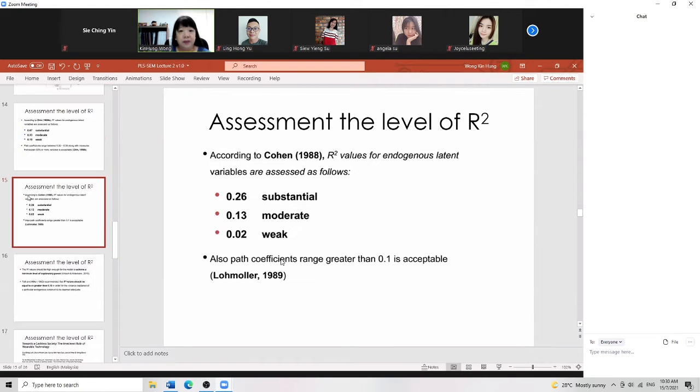All right. So according to Cohen, R square value for endogenous latent variable is assessed as follows, okay? So 0.26 is substantial, okay? They also mention, according to Lohmoller, path coefficient greater than 0.1 is acceptable. So it really depends on your findings; when you generate, if your range is like this, you must quote this particular person, okay?